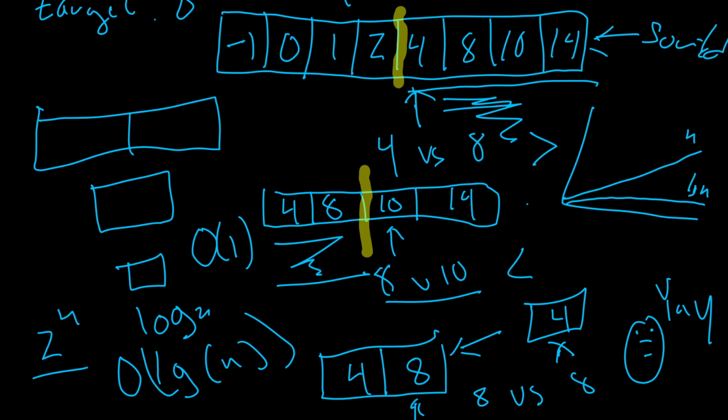So if we do binary search on an unsorted array or unsorted array list, we're going to have a bad time. It's not going to work. So if we have this precondition of it being sorted, hooray, now search is much faster. But anyways, that's your introduction into searching and time complexity. Have a nice day.